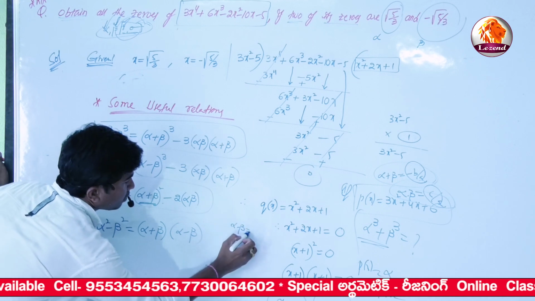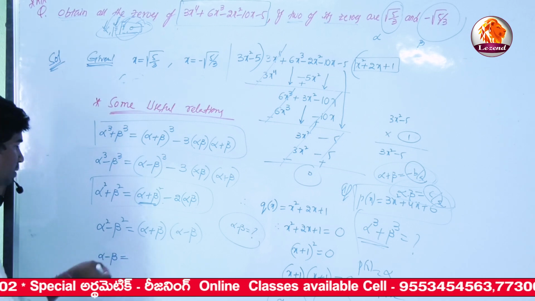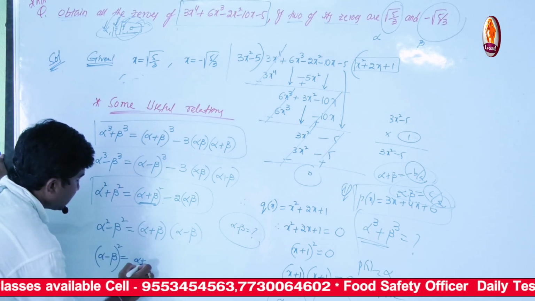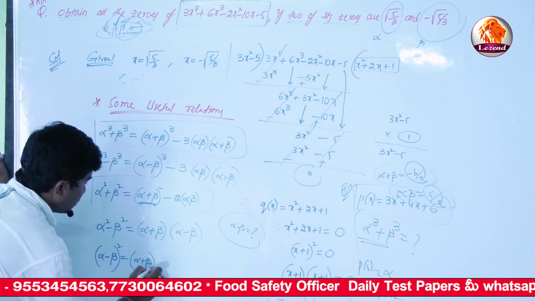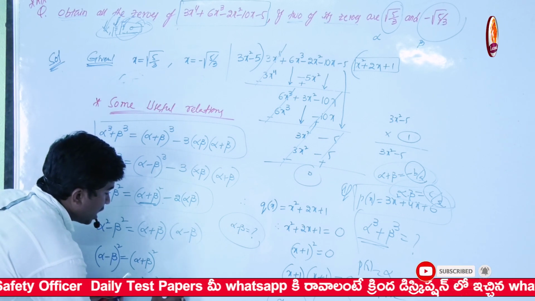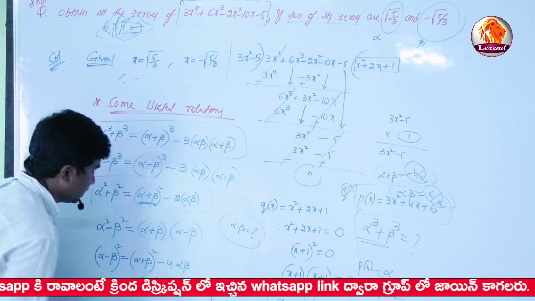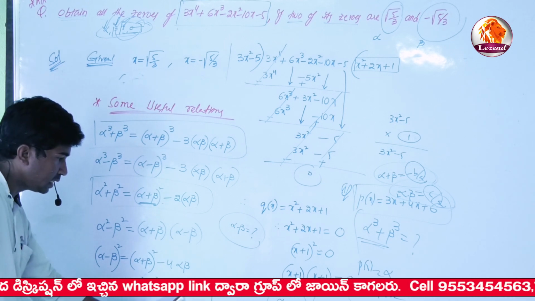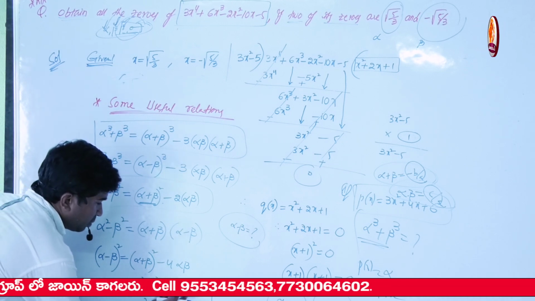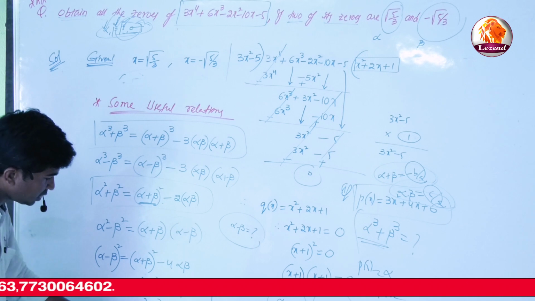Now alpha plus beta we know is minus b by a, but what is alpha minus beta? Before that, alpha minus beta whole square is equal to alpha square plus beta square minus 2 alpha beta, looking like a minus b whole square, a square plus b square minus 2ab.